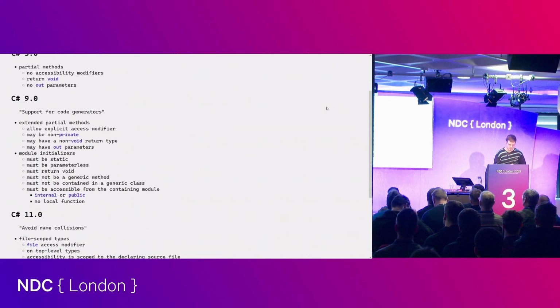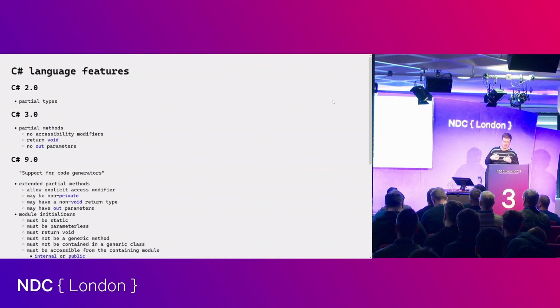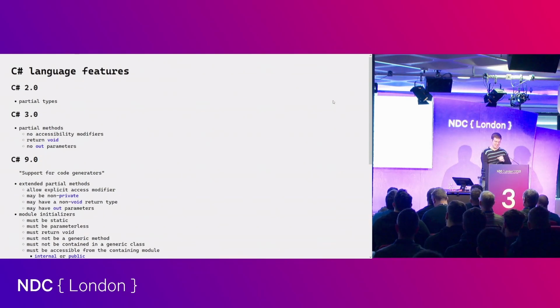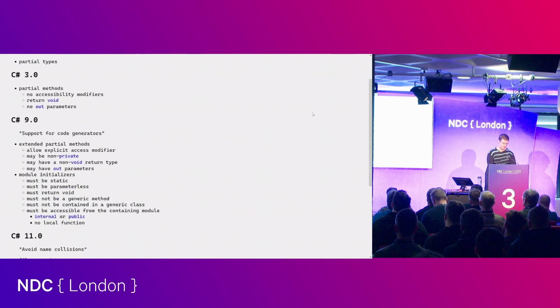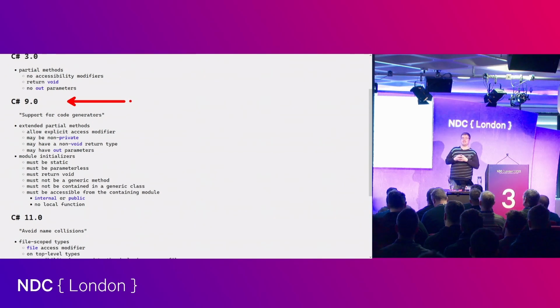So when it comes to source generation, there have been particular features added through the history of C#. For example, the partial type, the partial keyword. And I want to specifically point out the C# 9 version of that, because previously, if we would make a type and a method partial, it cannot have an accessibility modifier.